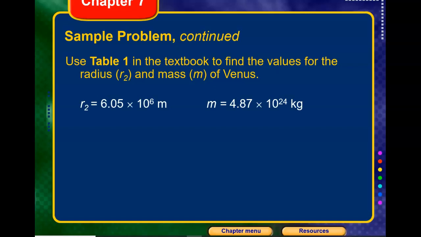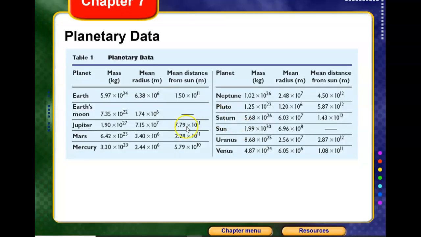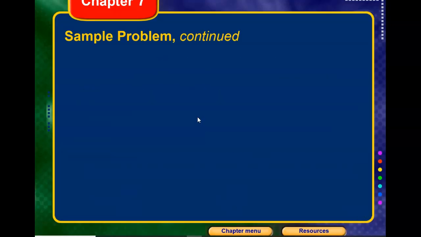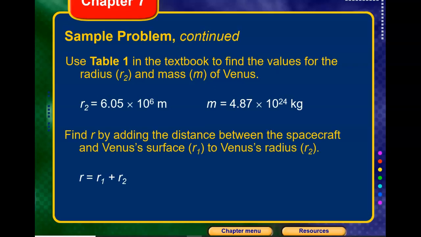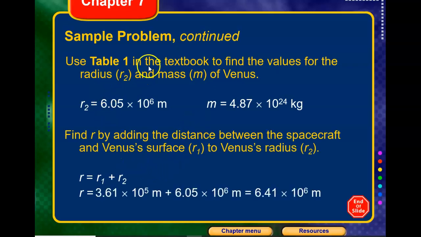So we're going to use the radius of Venus, 6.05 times 10 to the 6th meters, and the mass of Venus, 4.87 times 10 to the 24th kilograms. We know then that the radius of Magellan's orbit is the altitude plus the radius of Venus.